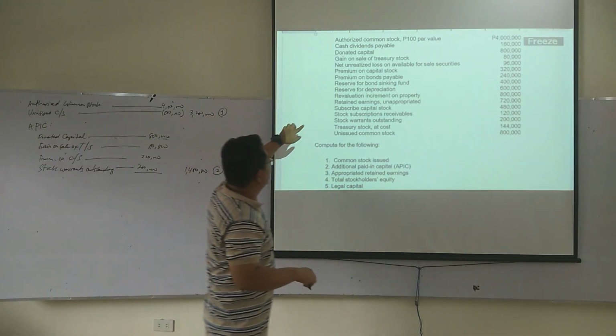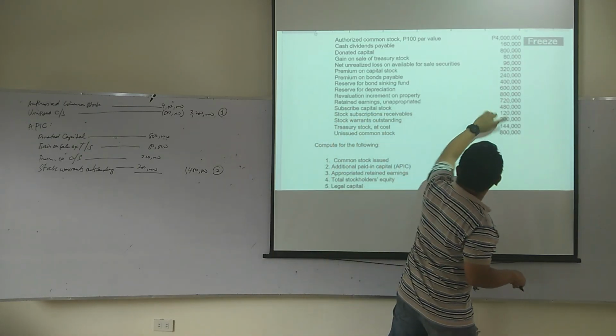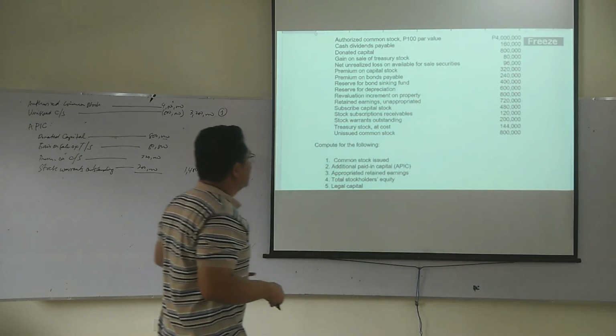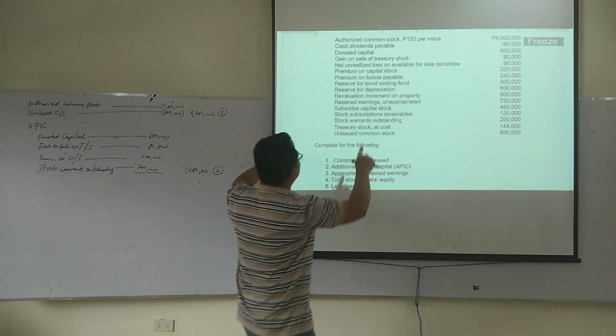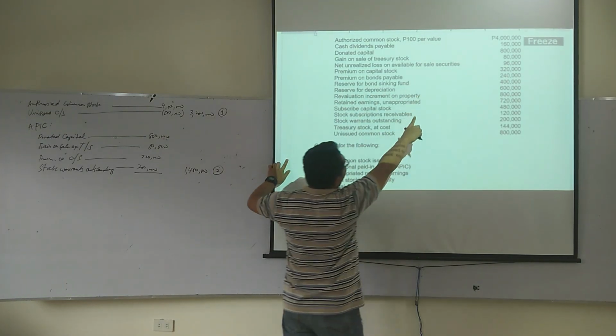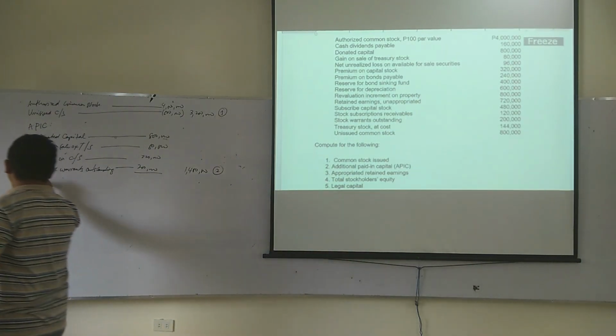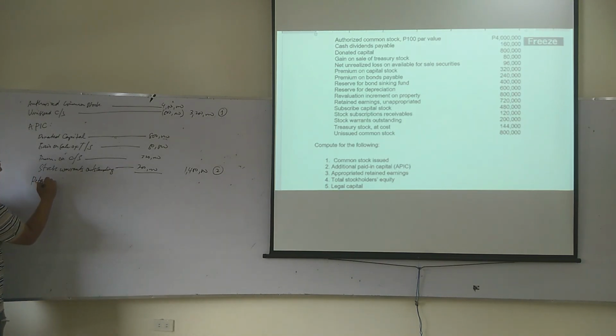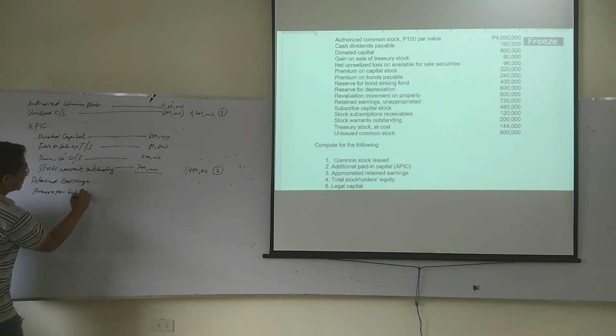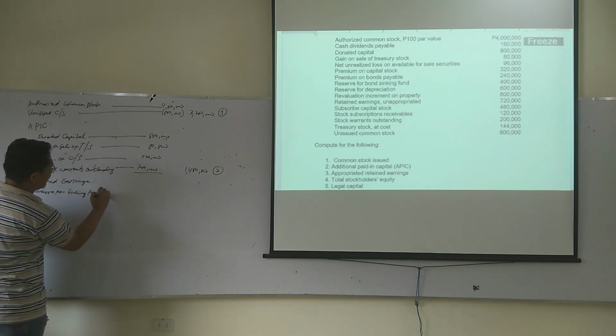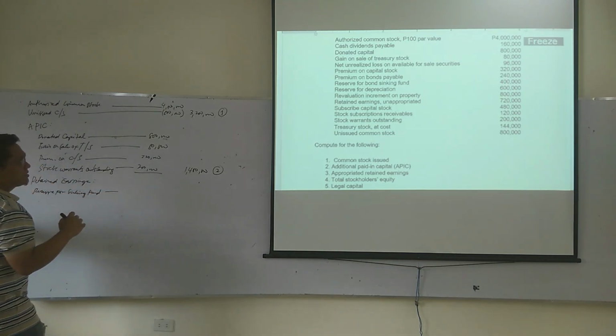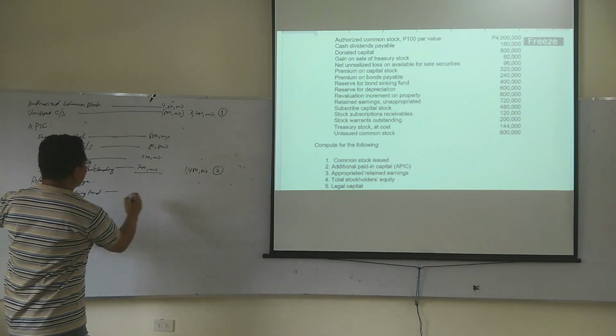So you have here retained earnings unappropriated of 720,000. We have reserve for sinking fund of 400,000.